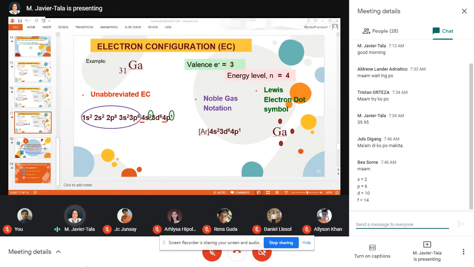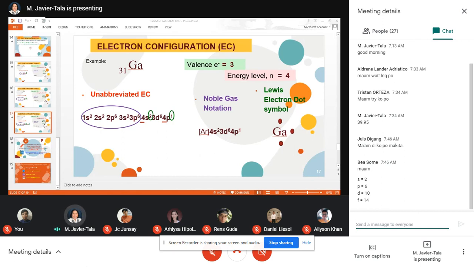Then, if you will look at your periodic table, class, for your gallium, along period 4, krypton is the noble gas within period 4. But again, you're not going to use krypton because krypton has a higher atomic number compared with your gallium. So you will be using in your noble gas notation, 1 period above it, argon.